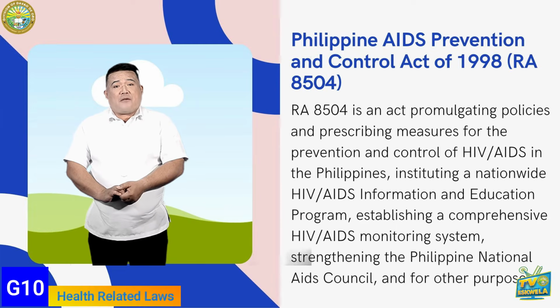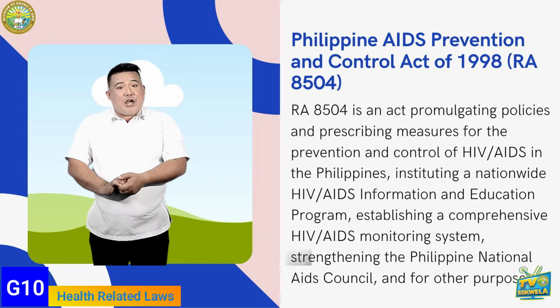RA 8504 is an act promulgating policies and prescribing measures for the prevention and control of HIV/AIDS in the Philippines, instituting a nationwide HIV/AIDS information and education program, establishing a comprehensive HIV/AIDS monitoring system, strengthening the Philippine National AIDS Council, and for other purposes.